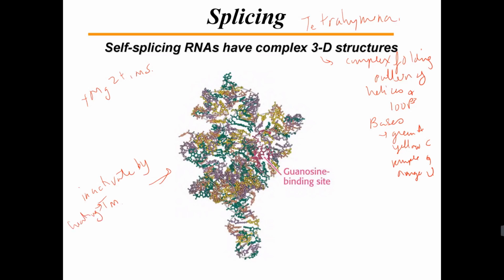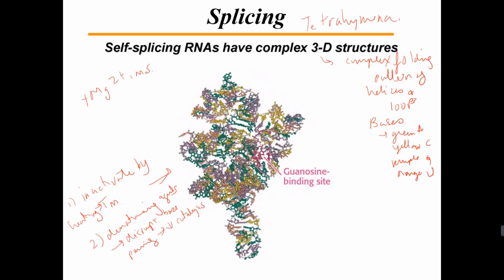Also, number 2, if you add in denaturing agents which disrupt the base pairing, the extensive base pairing that's occurring in this 3D structure, again, you get a decrease in catalysis or these transesterification reactions.